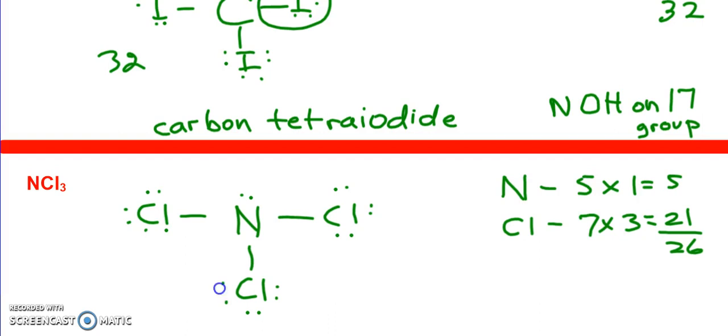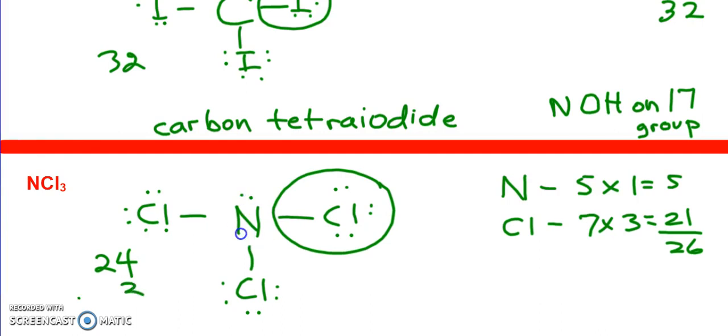Let's count. How many? 8 in the circle. So we have 3 of those for 24. That takes care of the chlorines. And then we have 2 more unshared electrons on the nitrogen that we didn't account for, so I have put those in too. Is my Lewis structure good? Absolutely. Okay, so you've seen this method.